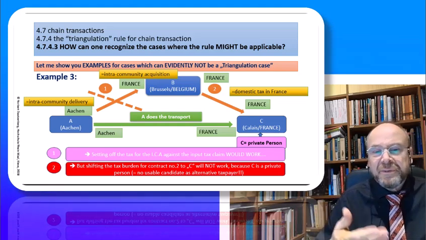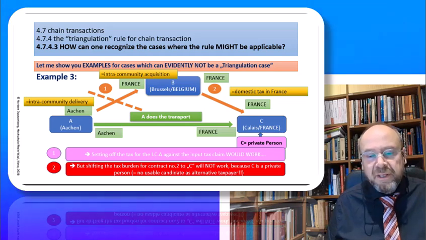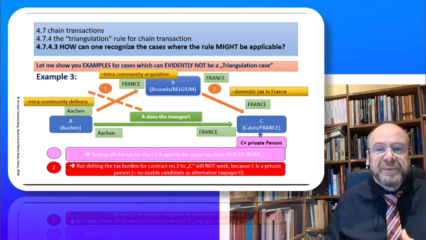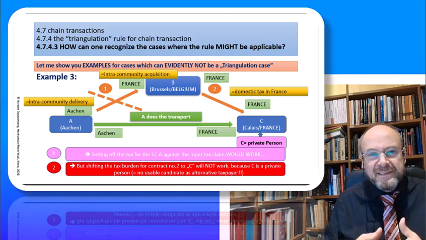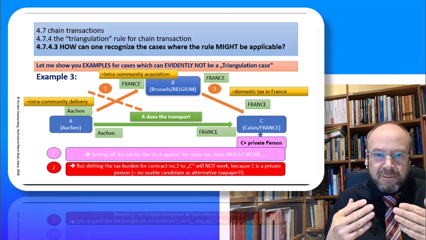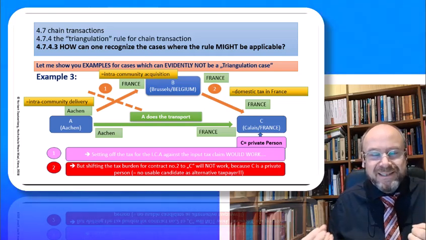And if he has to do this, then he can also regularly declare the intra-community acquisition and claim the input tax, because the bureaucratic hurdle and the expensive step is not three lines. That's just filling out the form as such.